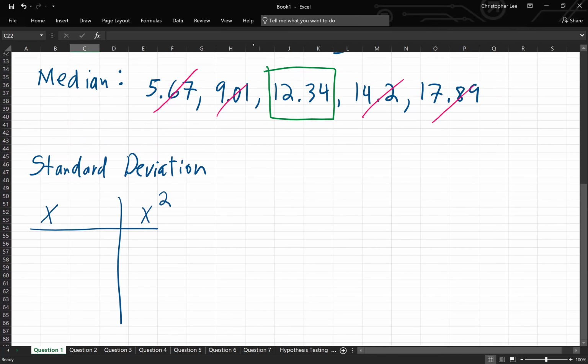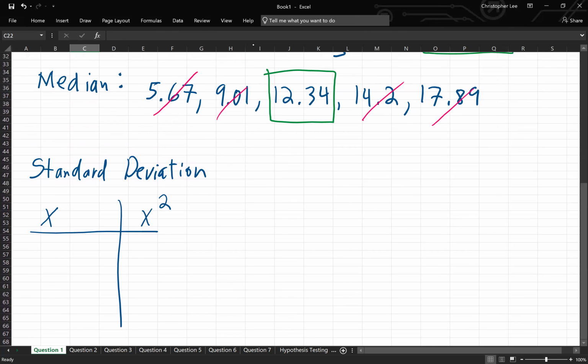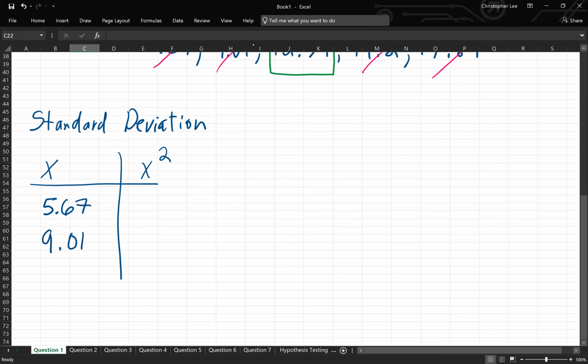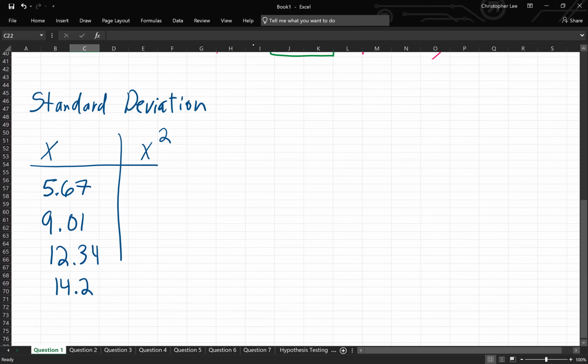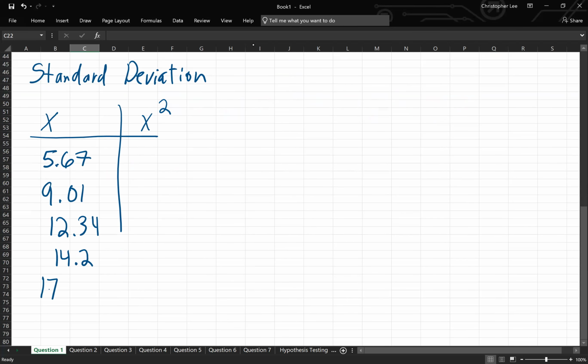I'm going to copy down my x's. I'm just copying the median. Again, you do not need to put this in order. I'm just being lazy and copying the median because I don't want to scroll up to the top. But you can just copy from the top if you have access to see it. No problem with that. And then this is 17.89.